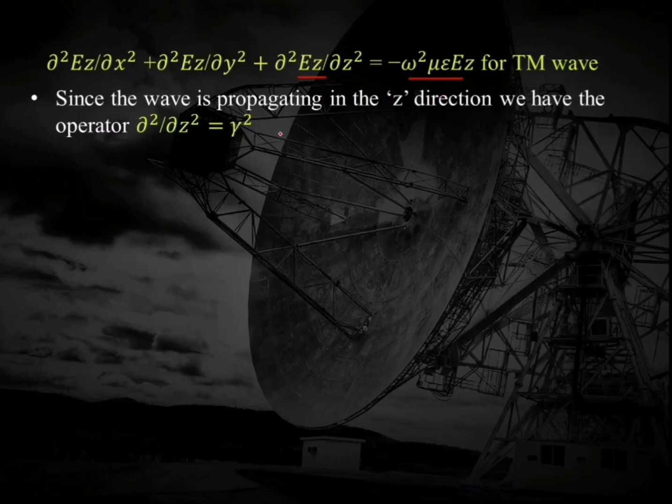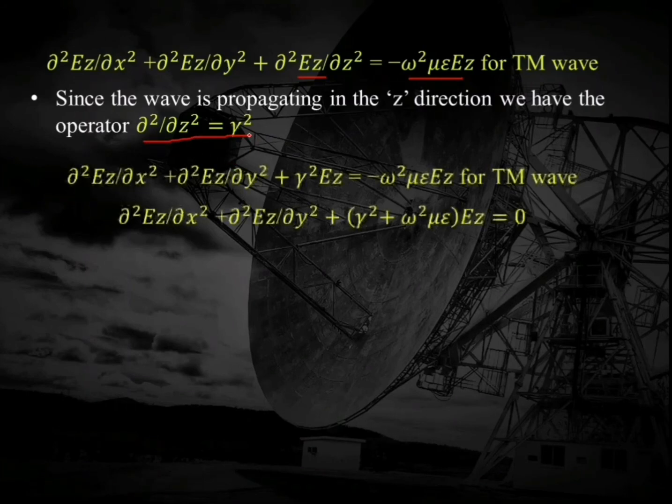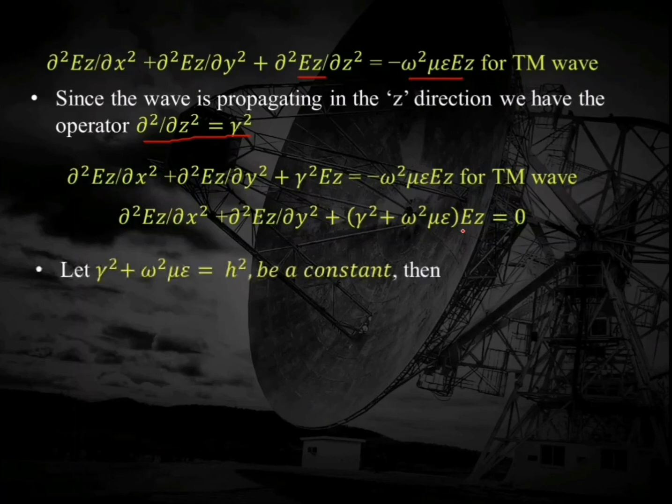So now over here we have already used that del by del z has been written as minus gamma. So we can write here del square by del z square as gamma square. So our equation will now be reduced to del square by del x square of Ez plus del square by del y square of Ez plus gamma square plus omega square mu epsilon of Ez is equal to 0. Also, earlier we have substituted this equal to h square.